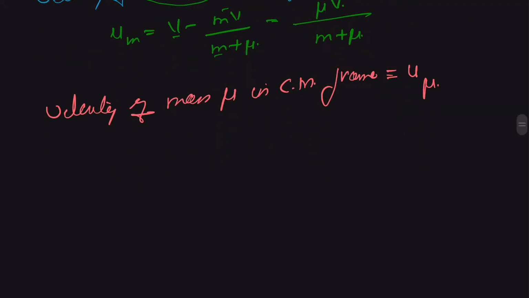Therefore we can write that our u mu is equal to 0 minus, because initially it was stationary, so directly we can write this as minus m times v divided by m plus mu, because initially this mass mu was stationary. Okay. And now we are going to find out velocity in the center of mass after collision.